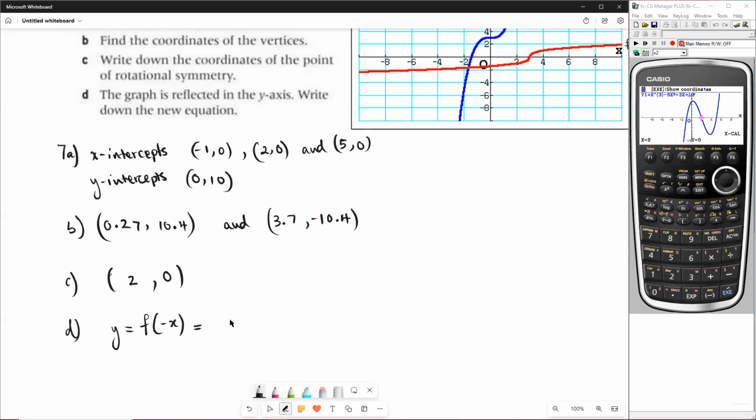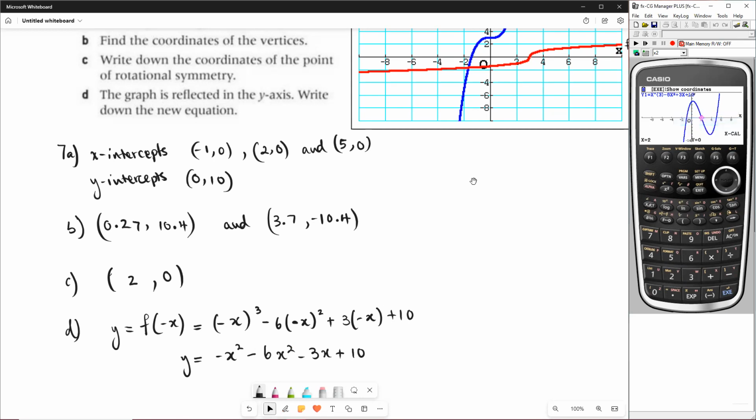So now we would say negative x cubed minus 6 times negative x squared plus 3 times negative x plus 10. And so some of the signs change here.